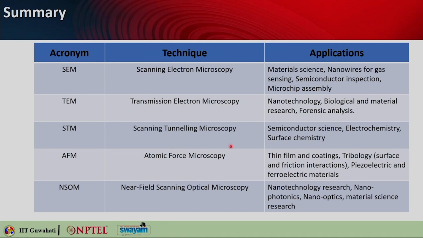STM, scanning tunneling microscopy, is very useful for semiconductor science, electrochemistry, surface chemistry, etc. AFM, on the other hand, atomic force microscopy, will be useful for thin film and coating, and then piezoelectric and ferroelectric materials. NSOM, which is near field scanning optical microscopy, is also very useful for nanotechnology research, nanophotonics, nano-optics, material science, etc.